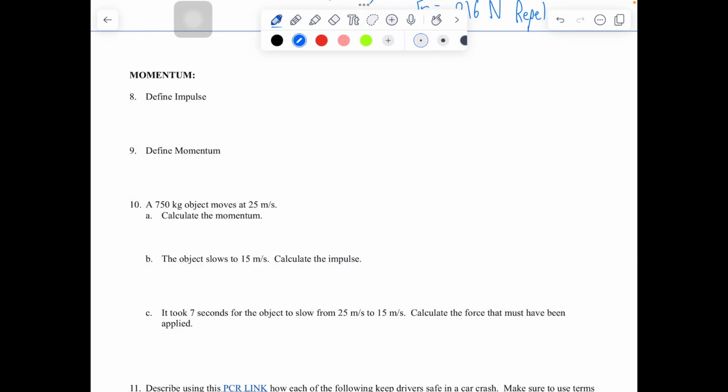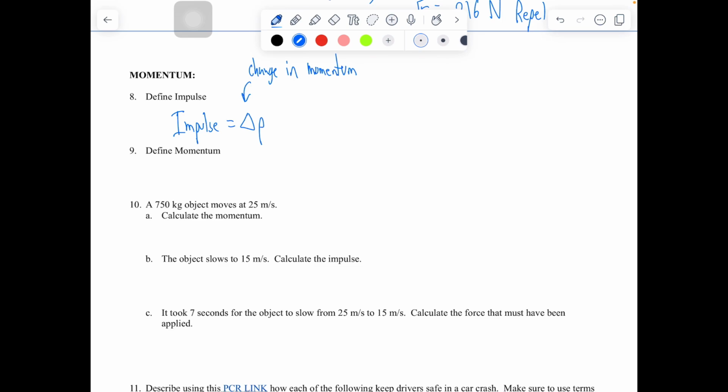All right, let's keep rolling on to momentum. Impulse. Impulse is simply a change in momentum, delta P. Delta is change, P is momentum. This is a change in momentum. That is the most simple definition. If something changes its momentum, it must have experienced an impulse, since impulse is a change in momentum.